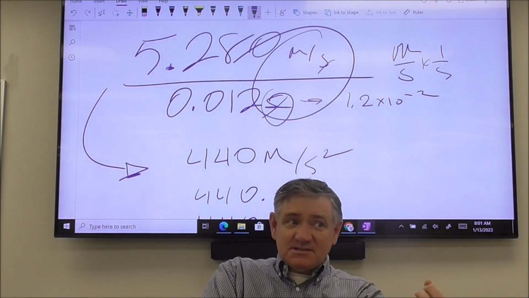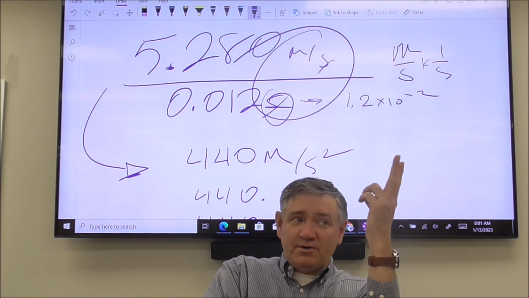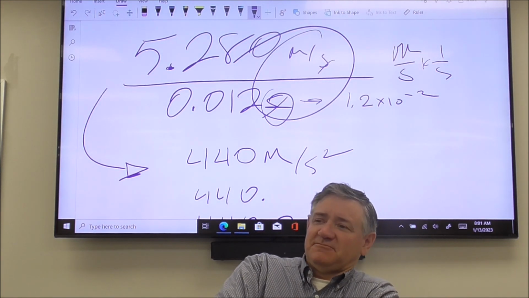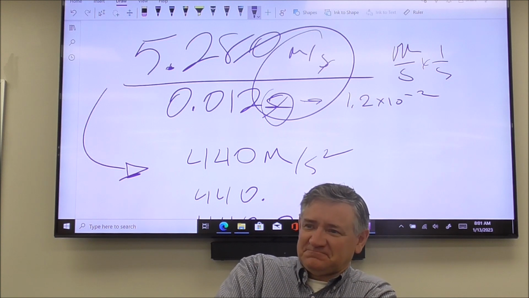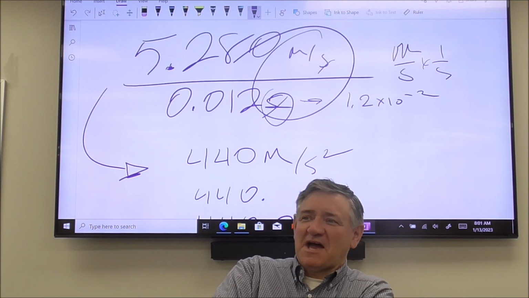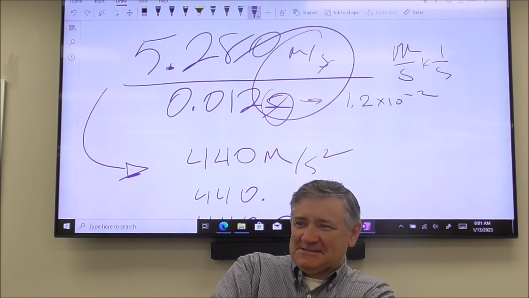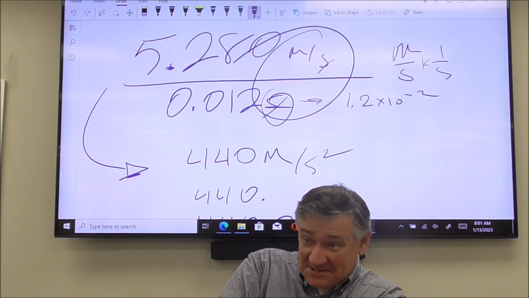So do I get a distance of meters, or do I get an acceleration in meters per second squared? Jaden, which one do I get? Acceleration. You say that with absolutely no confidence whatsoever. You're right. Okay, you do get acceleration.